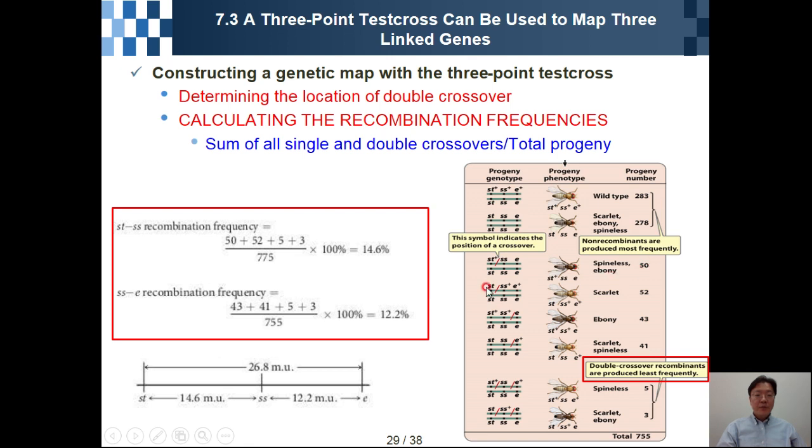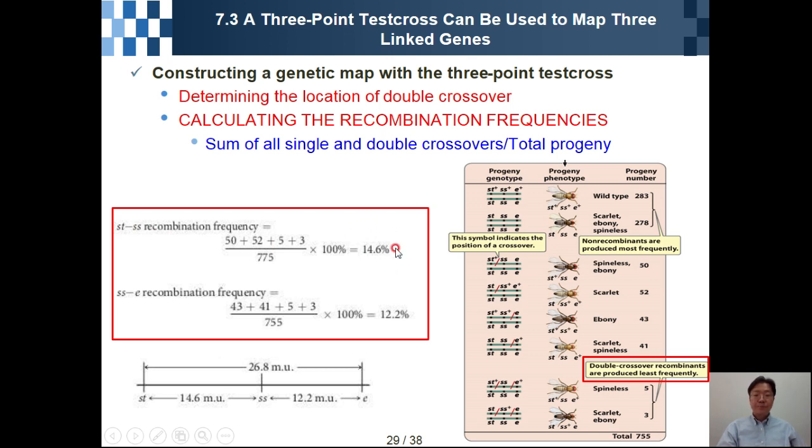Between this one, there is a single crossover, so maybe this one will be 52, and this is the double crossover, and also between here and here there was some single crossover, so it means 5 and 3.